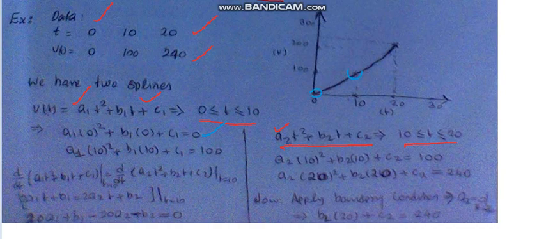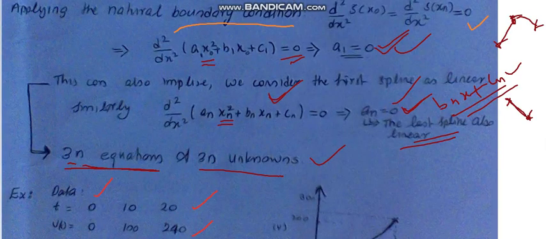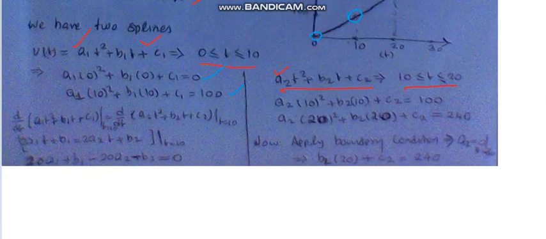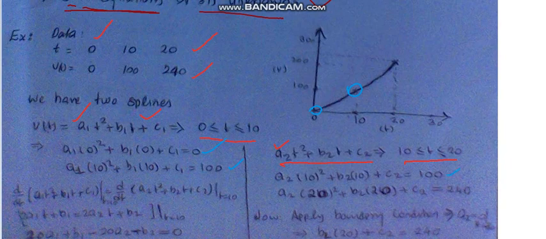And when you consider the second point for the same spline, that is your s1, we will be having this equation: a1 into 10 square plus b1 into 10 plus c1 equal to 100. And similarly we can have this case here.